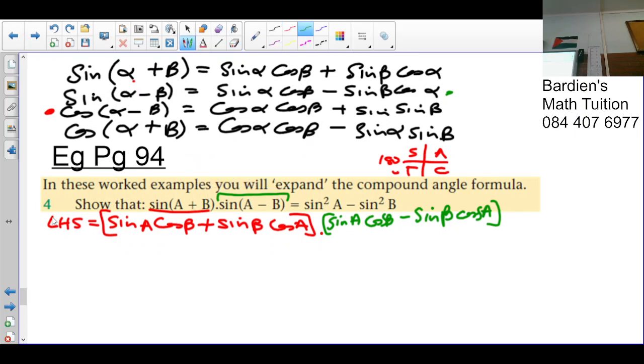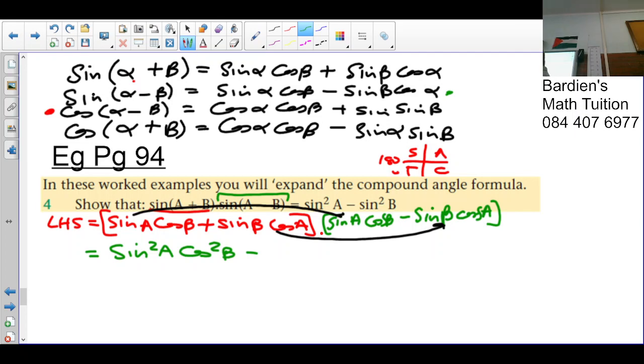We multiply the first and the last. So what do we get here? Sin a cos b times sin a cos b will be sin squared a cos squared b minus sin b cos a times sin b cos a, which is sin squared b cos squared a.